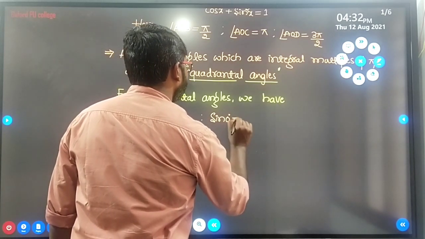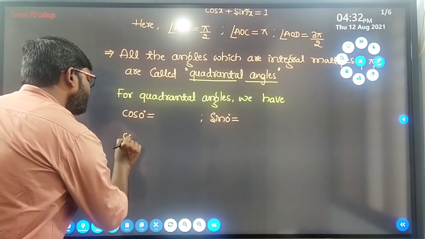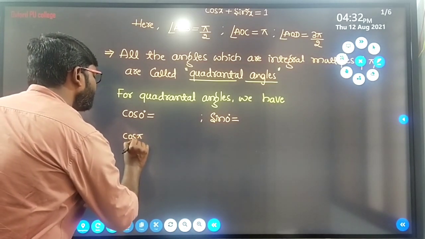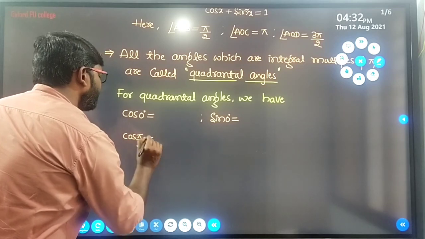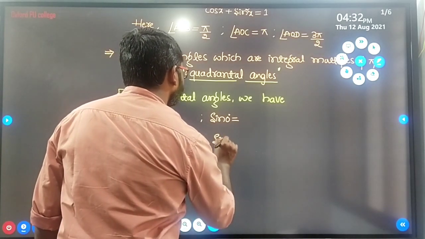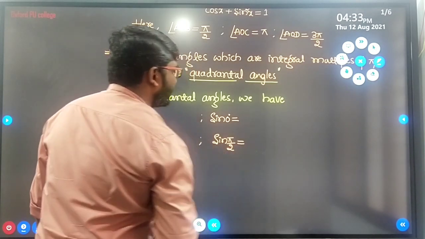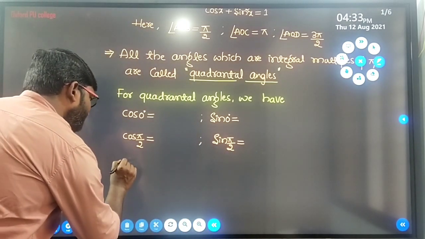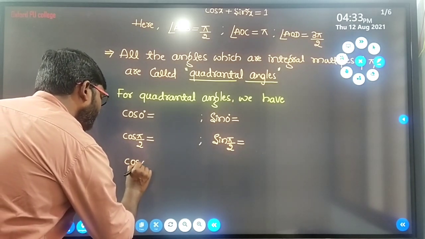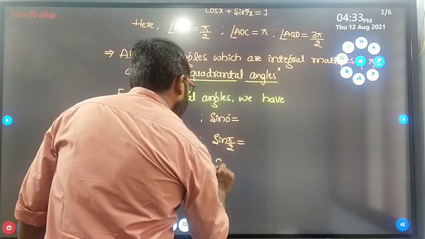Sin 0 degree value, and then what is the next angle? It is cos pi by 2, then here it will be sin pi by 2. Then cos pi, and then here it will be sin pi.